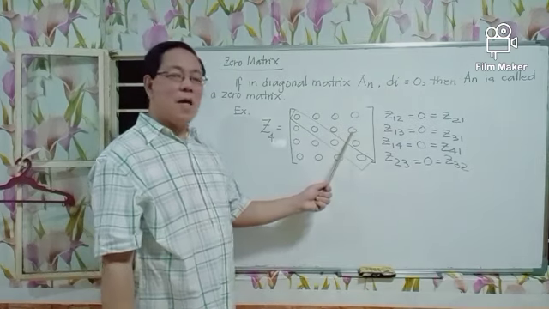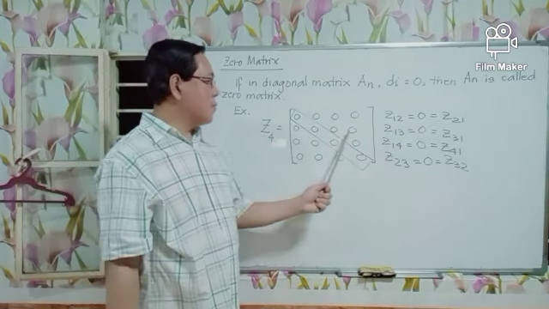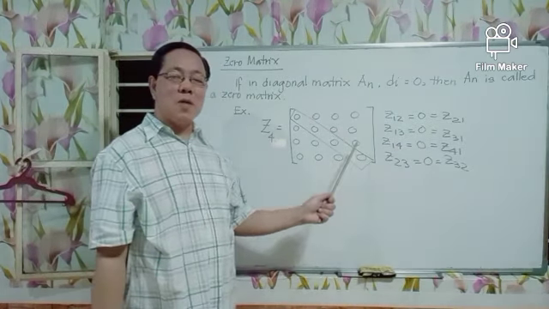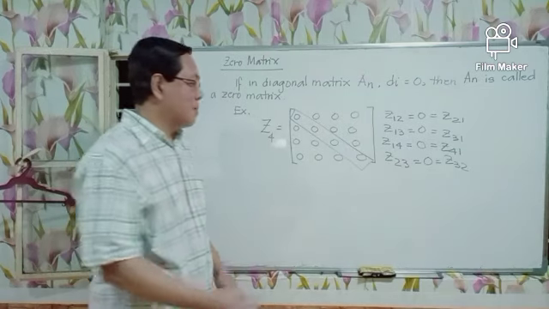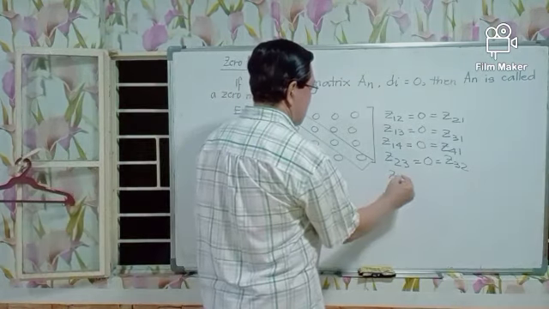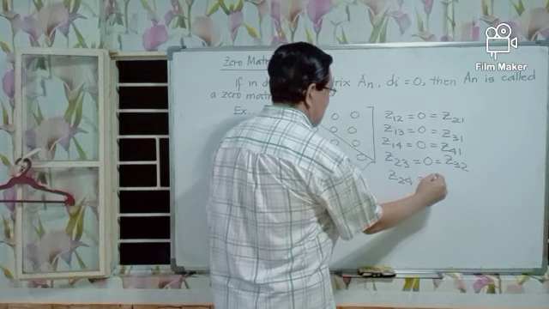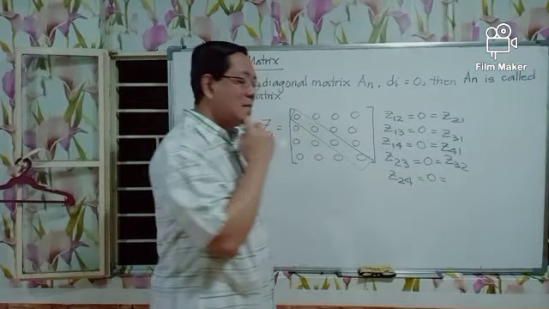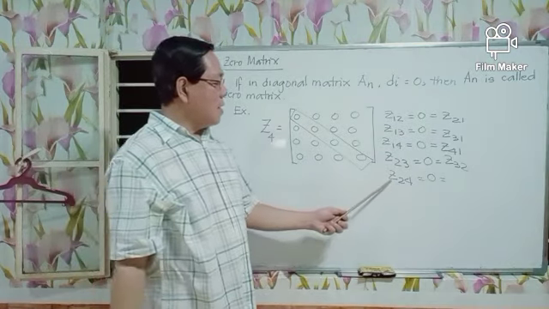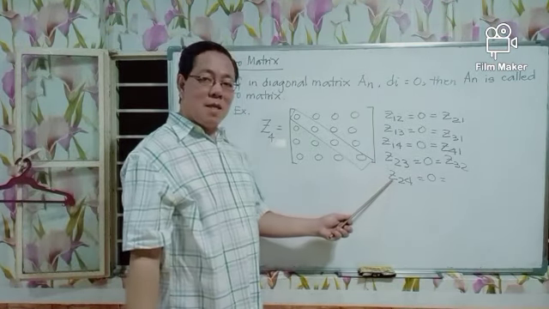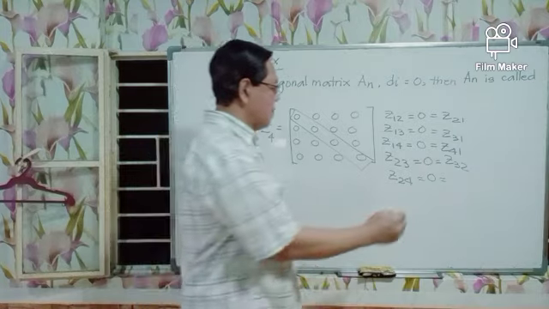And this entry, the entry in the second row and fourth column, denoted by Z sub 2,4, is the same as the entry Z sub 4,2.